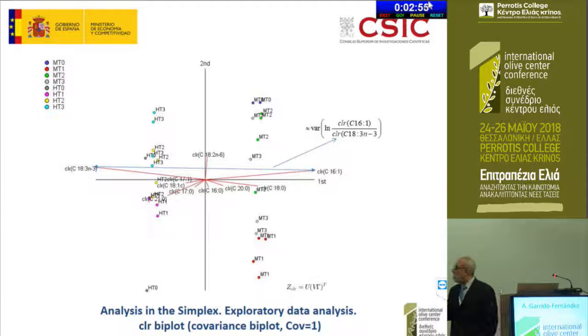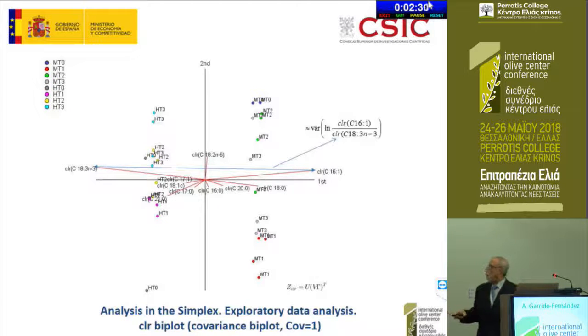Among other characteristics, in the interpretation you can see that the distance between arrays is approximately the variance of the log ratio of these two components. Then, this is completely different. This interpretation is not allowed in conventional statistics.